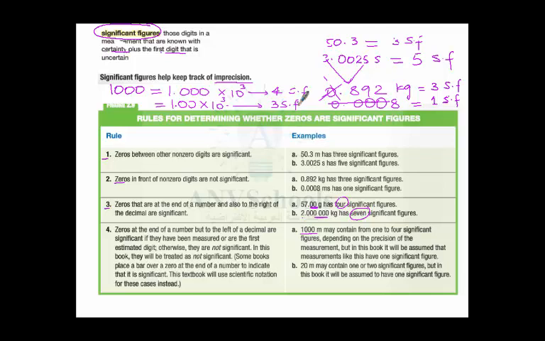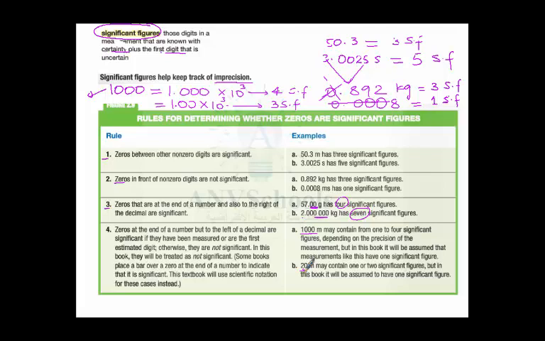So numbers which are written in this way do not have a fixed number of significant figures. The number varies, because we can write them as a power of 10 in different ways. That's why we cannot exactly tell the number of significant figures they have.